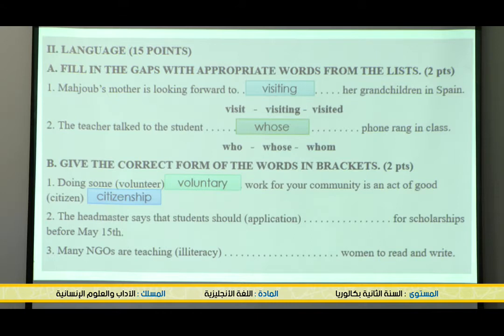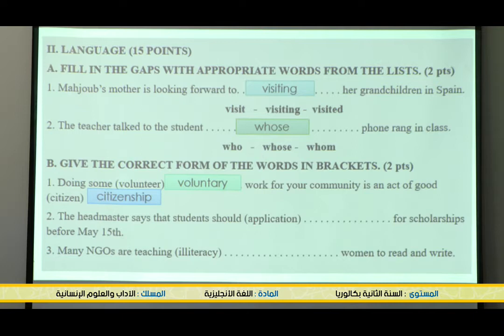So what is the verb that we can get from application? Again, as always, I want you to think about it for a second. What is the verb that we can use here?